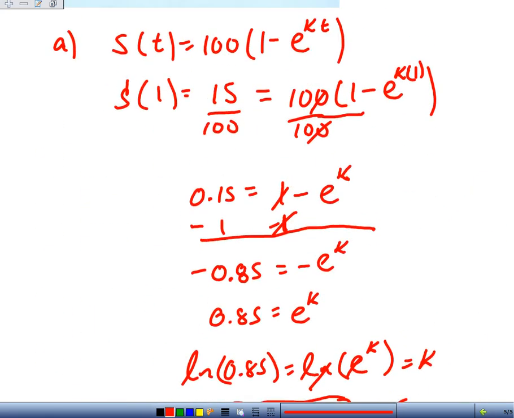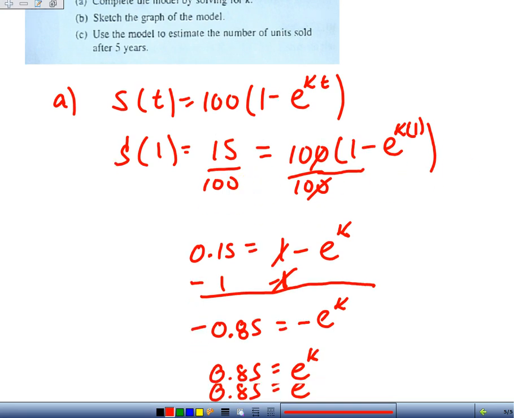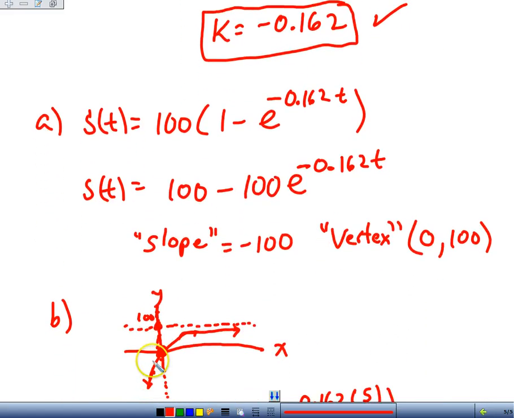Now let's take a look at question C. Question C says, use this model to estimate the number of units sold after 5 years. So just by looking at the graph, or the sketch that we did, it says that as time goes on, and the x-axis here represents the time, the longer this CD burner has been out on the market, the sales are going to start slowing down.